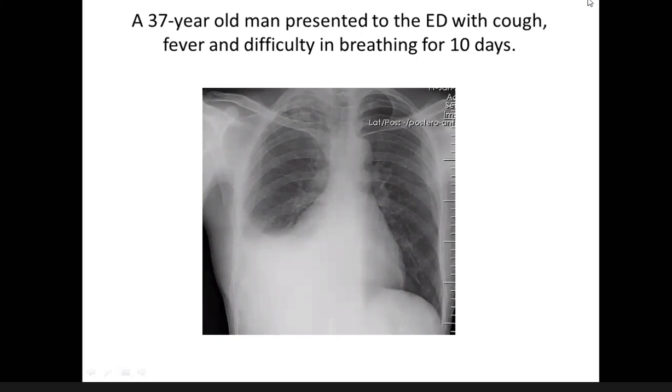Apart from the homogeneous opacification, anything else? Meniscus sign. Okay, meniscus sign, very good. That is an indication of what?